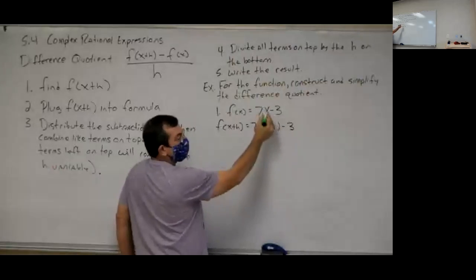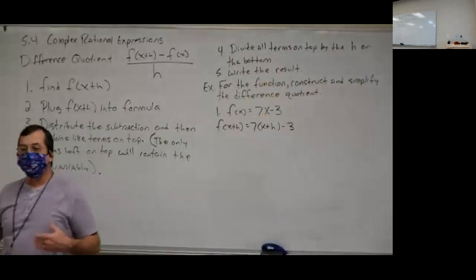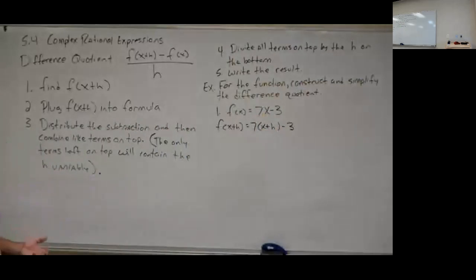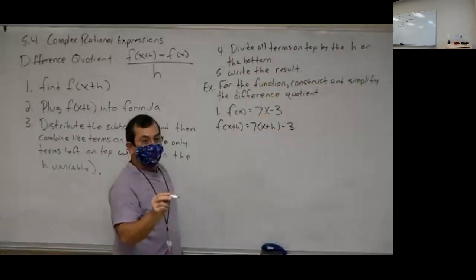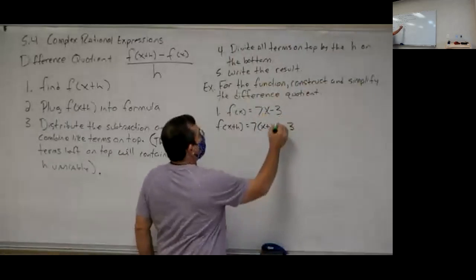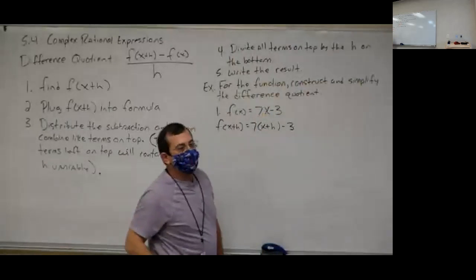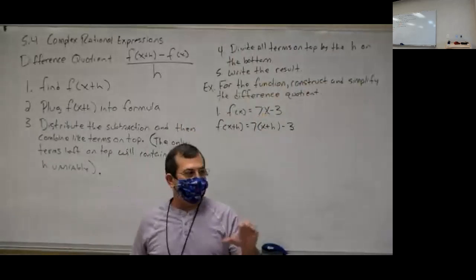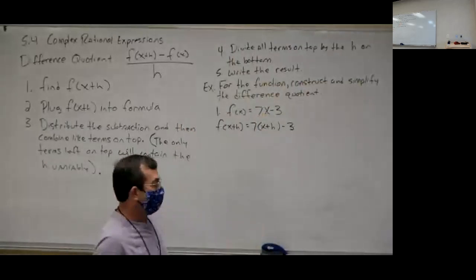So replace the x with the x plus h, and then we're going to simplify that. So really, the only way to simplify that is get rid of them parentheses. If there was an x behind the 3, then it'd be an x plus h. Every x that I get on here will be an x plus h on here, okay?